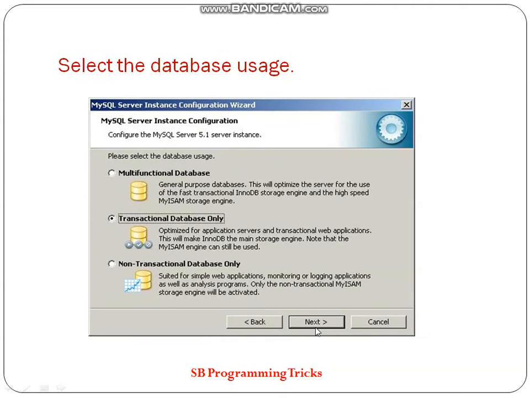The next window shows Select the database usage. Again three types are available: multifunctional database, transactional database, and non-transactional database. Click on the multifunctional database, then click on the Next button.